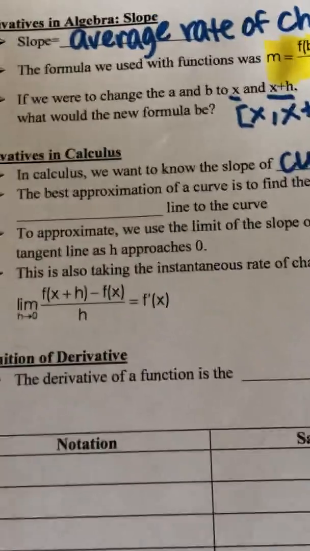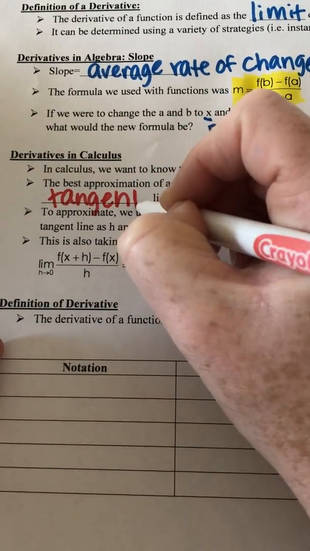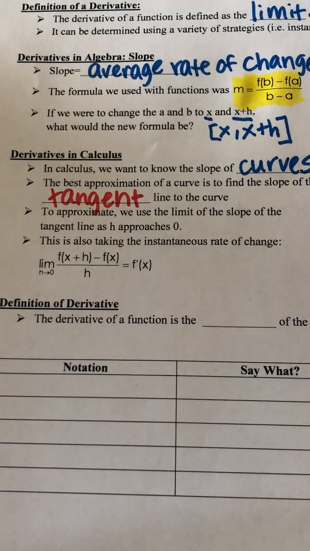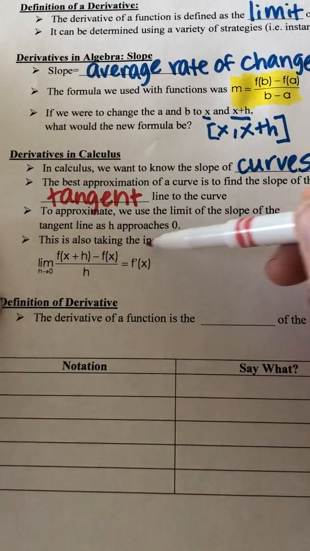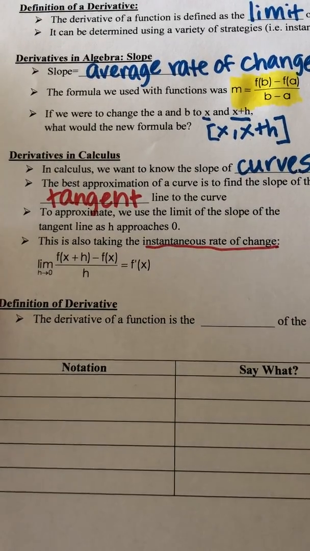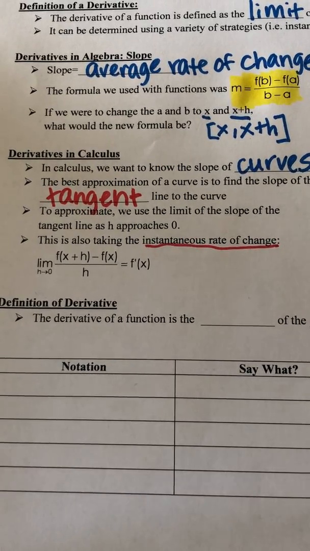Like I just said, the best approximation of a curve is to find the slope of the tangent line to the curve. Because all of those secant lines, you could see, didn't really follow that curve very well. Okay, so to approximate, we use the limit of the slope of the tangent line as h approaches 0, which is also the same thing as taking the instantaneous rate of change. So when you're doing that, you were finding a derivative of a function, okay?